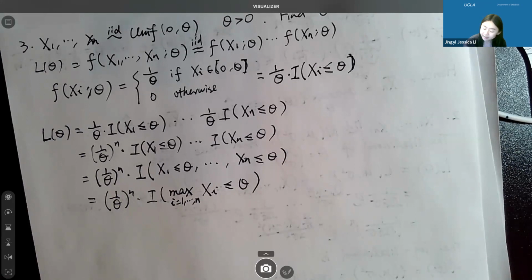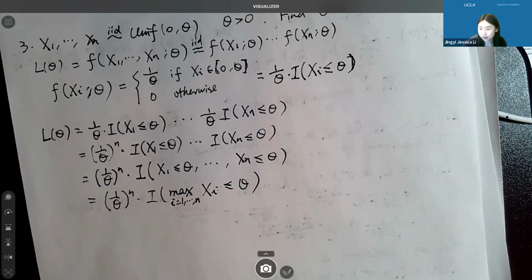Okay, now you see we are going to find the maximizer of this likelihood function. And in this case, taking the log or taking differentiation will not work. The reason is that the indicator function is not really a differentiable function of theta.